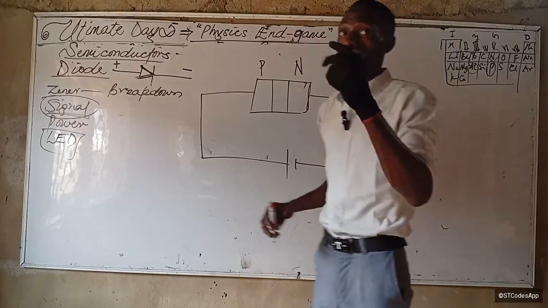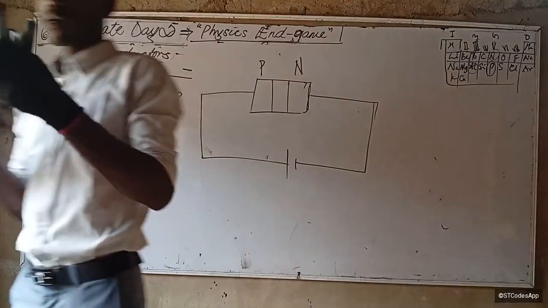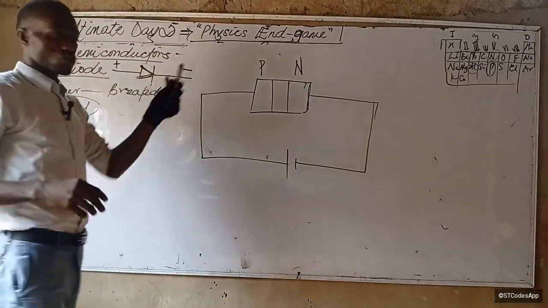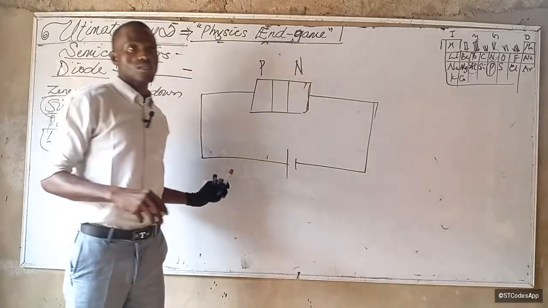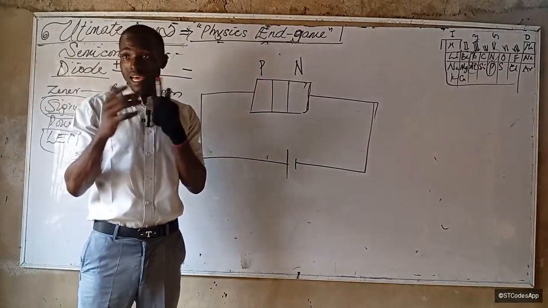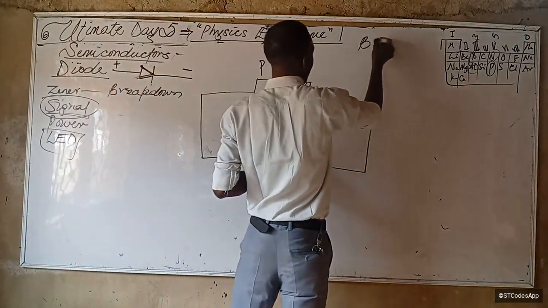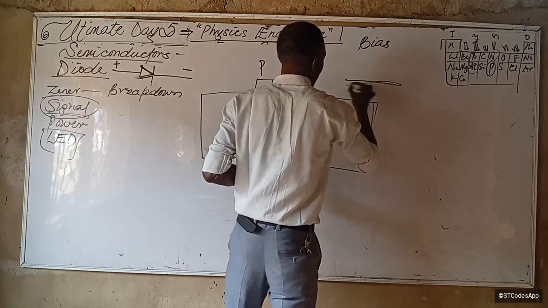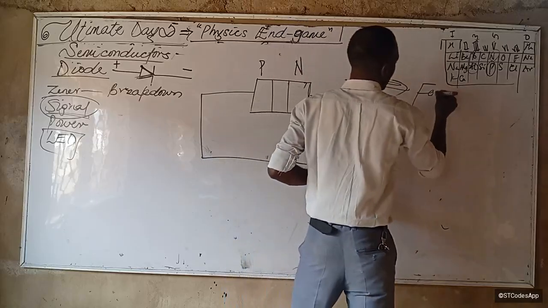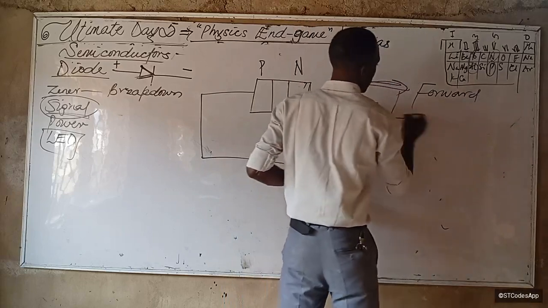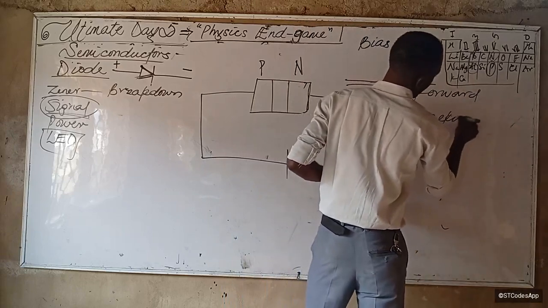There are two connections when you connect a diode to a DC circuit. When you connect a diode to a power source, basically, you create what is called a bias. And there are two types of bias. We have the forward bias and the backward bias.